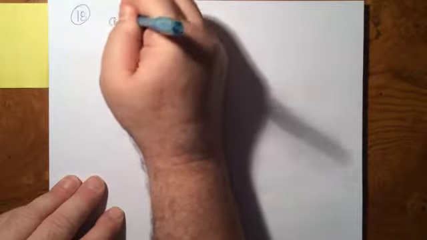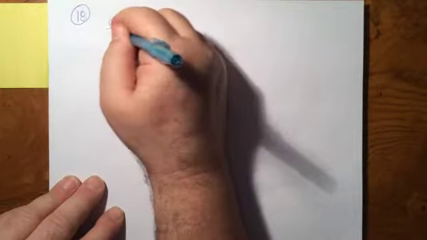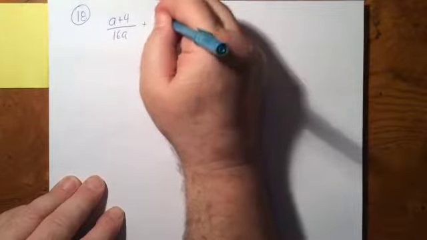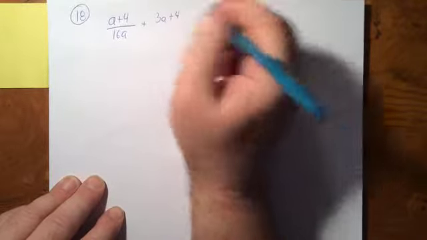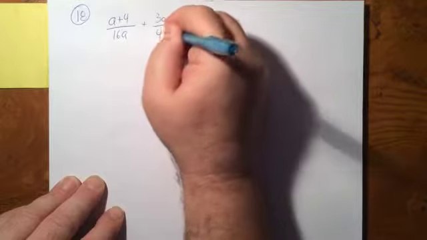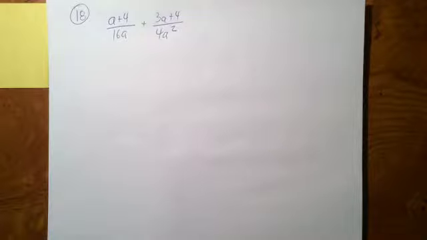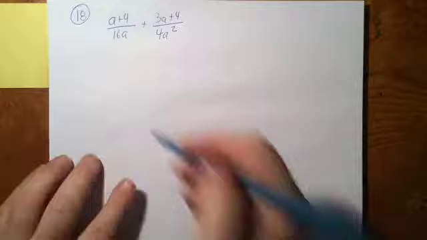a plus 4 over 16a plus 3a plus 4 over 4a squared. So in this next problem, we're going to factor these in the simplest possible form. And let's see what happens with this.